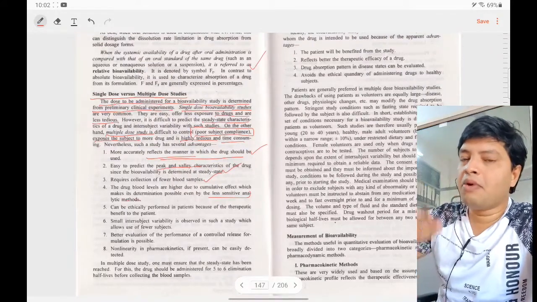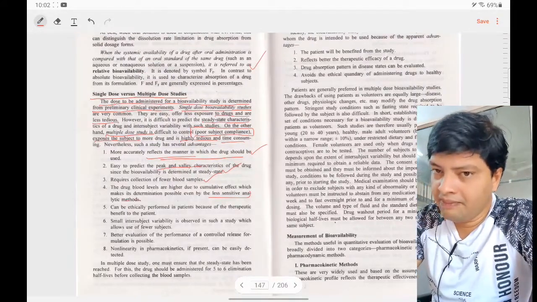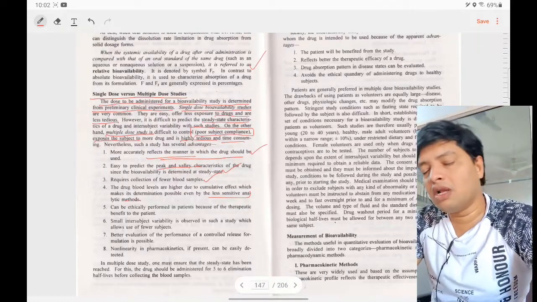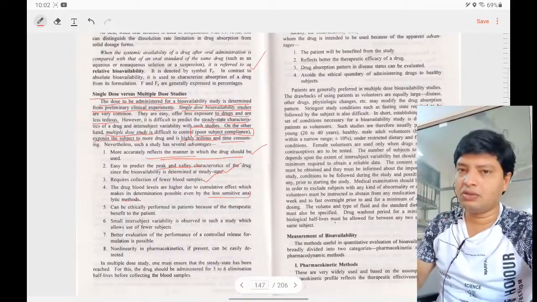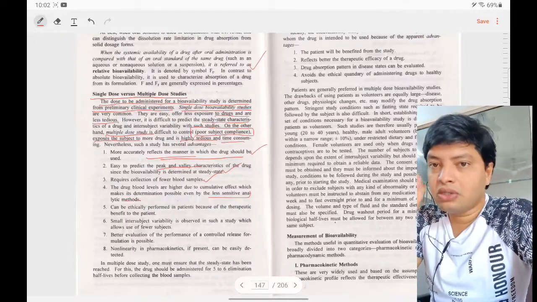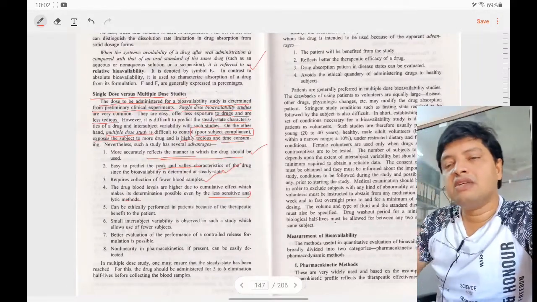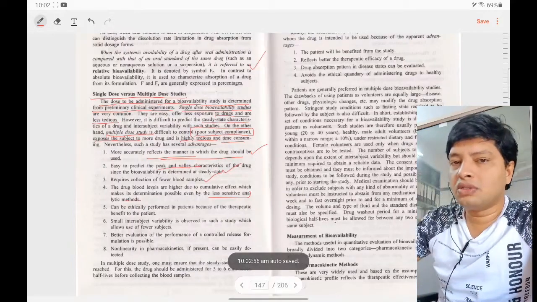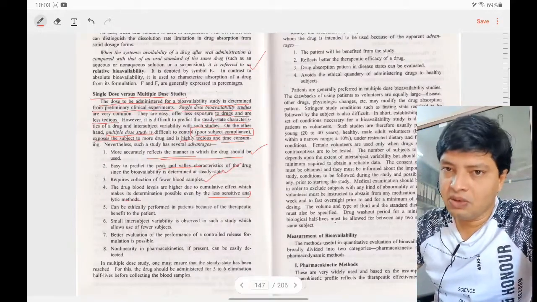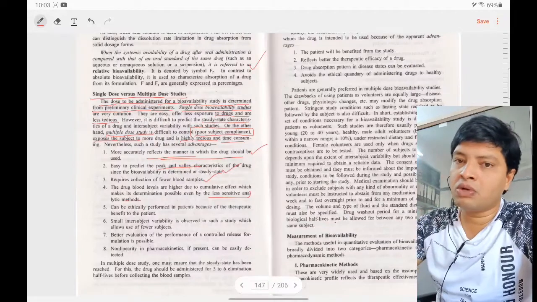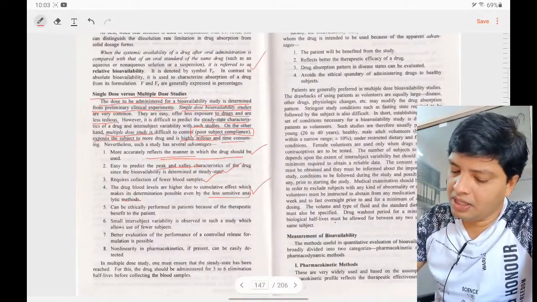If at all the analytical instrument is less sensitive, you can still use it. But if you give a single dose, because the concentration is very, very low, after some time it is difficult to measure those concentrations with less sensitive analytical equipment. You need to go for a more sensitive method. That's what this point is saying.